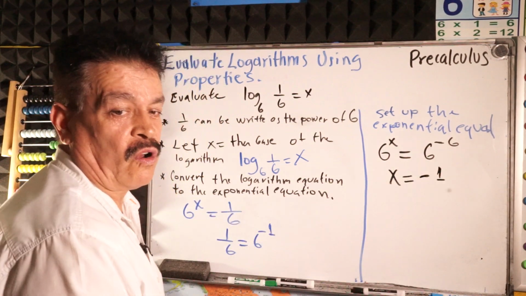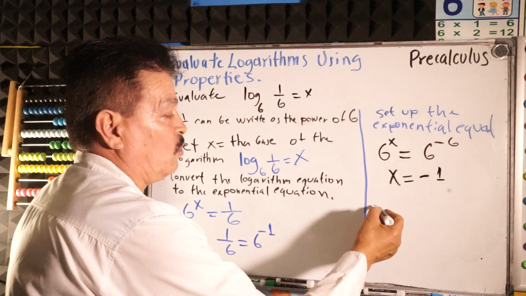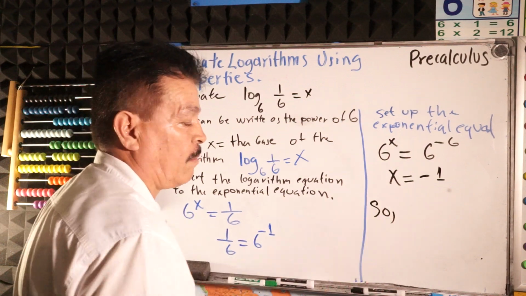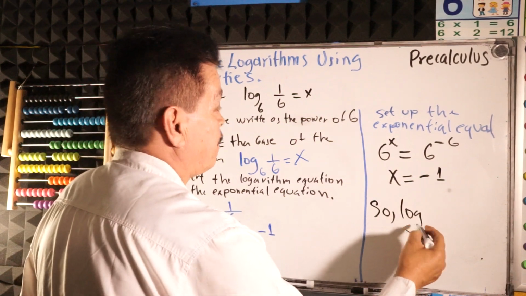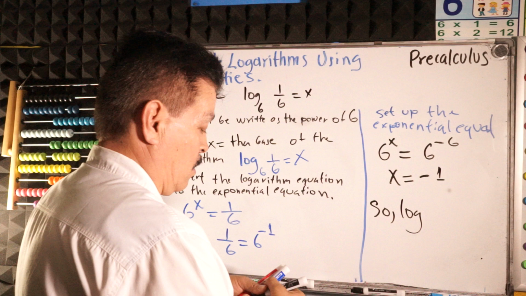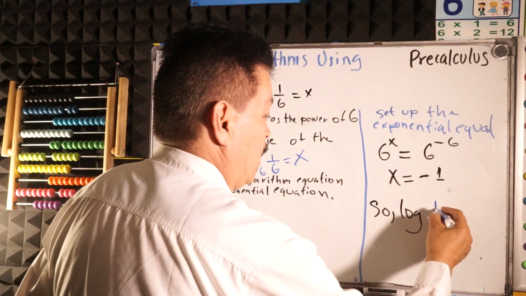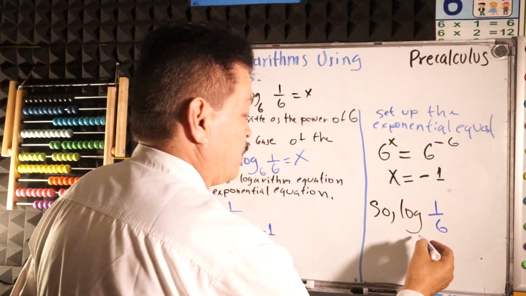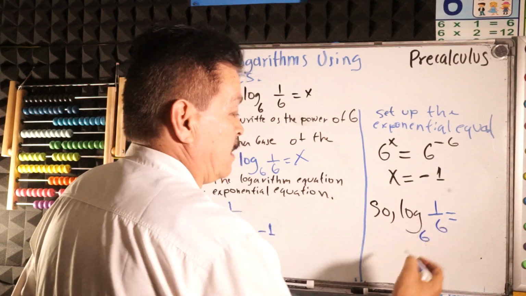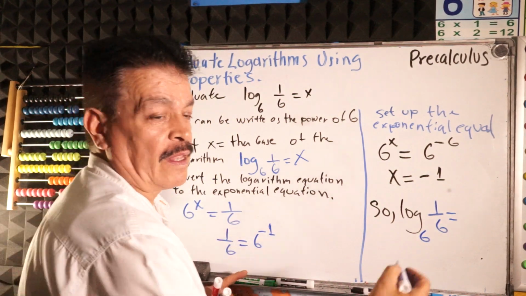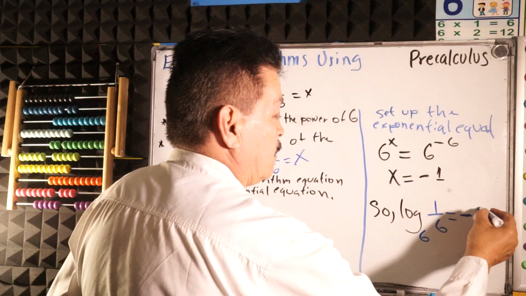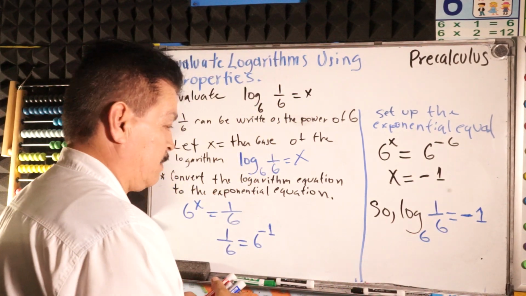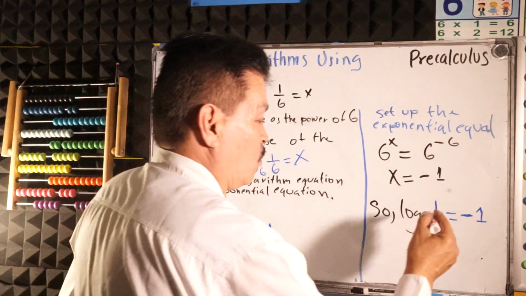Remember this step. So now x will be equal to negative 1. You do all the steps. So our conclusion, our answer: log of 1/6 with the base 6 equals negative 1. This is our conclusion to our problem.